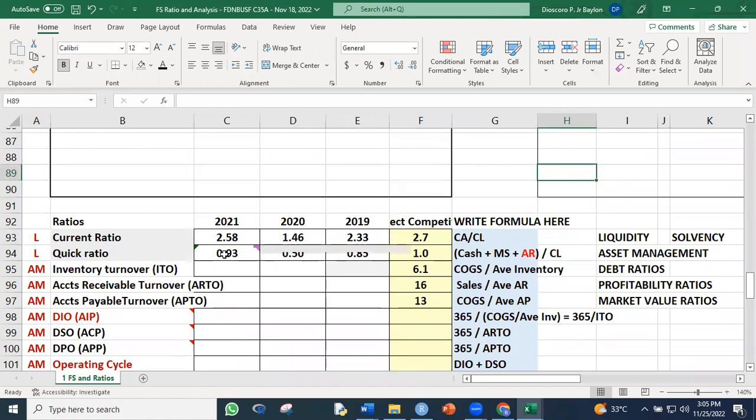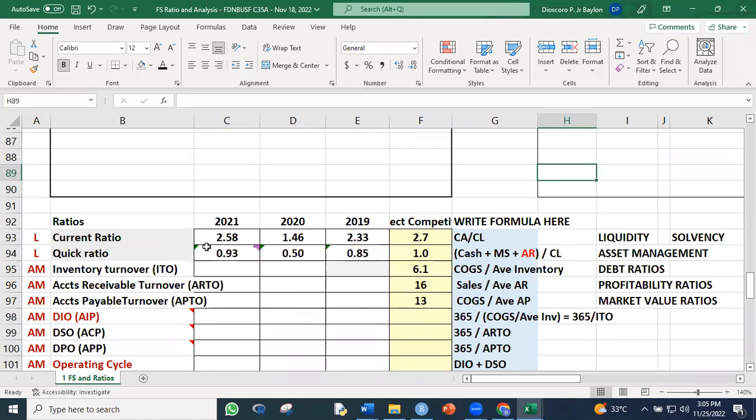Okay, so last time we said that the current ratio tells us the capability of the firm to pay its current obligations. Unlike solvency, the focus of this is on short-term obligations.